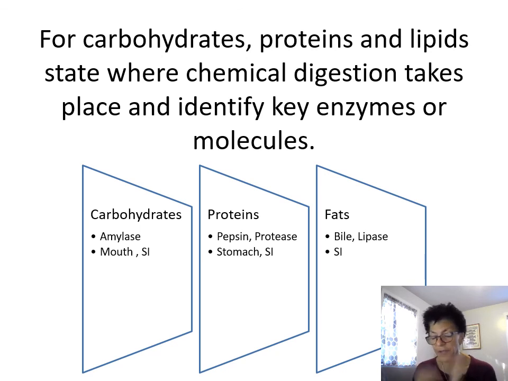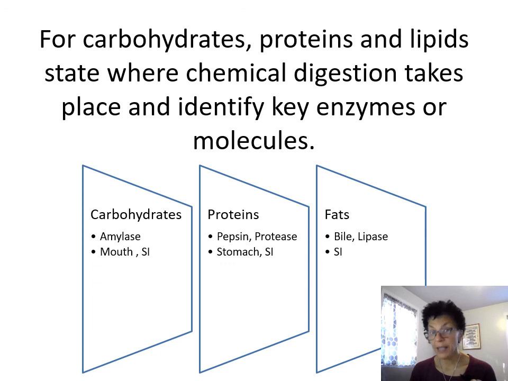Chemical digestion of fat kind of sort of starts in the stomach. There's a little gastric lipase. You just don't get a lot of it in the stomach because you haven't emulsified yet. In the small intestine, we're going to finish chemical digestion of fats. And don't forget, we actually have to start with a form of mechanical breakdown called emulsification.